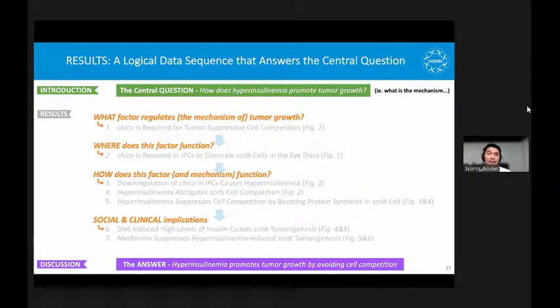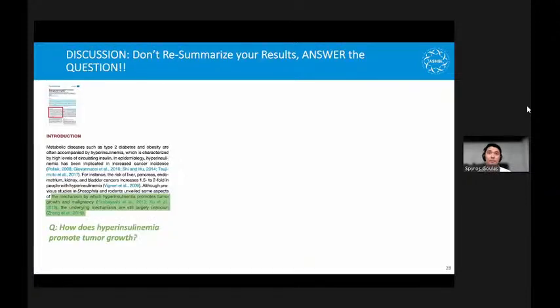Next, let's take a look at the discussion section. The primary function of the discussion is to answer your central question and not to re-summarize your results, which is a common mistake made by many authors.